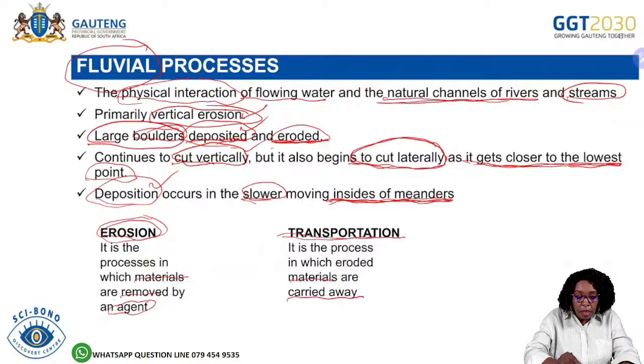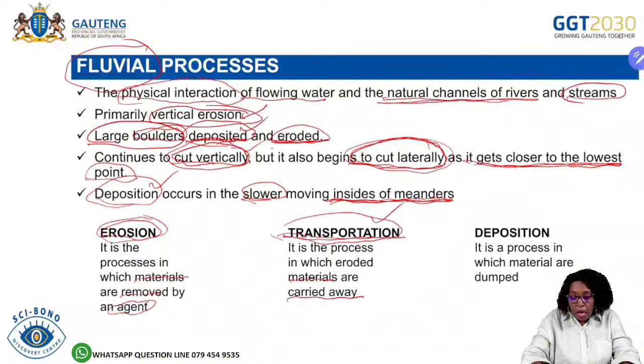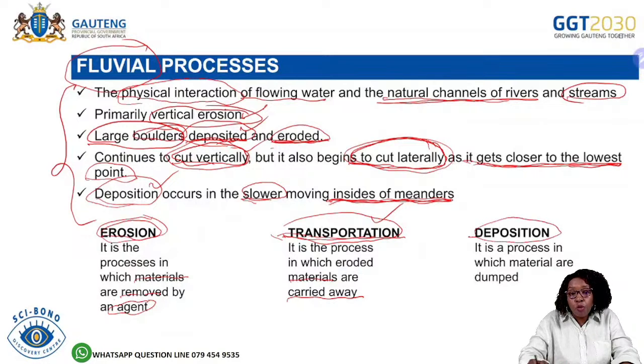So we said that there would be vertical cutting, and there would also be lateral cutting. So the smaller rocks that are broken down will then be transported by water that is flowing in a river. And that's where we talk about a transportation process. And then we also mentioned that within these fluvial interactions that we have here, there will be deposition that will take place.